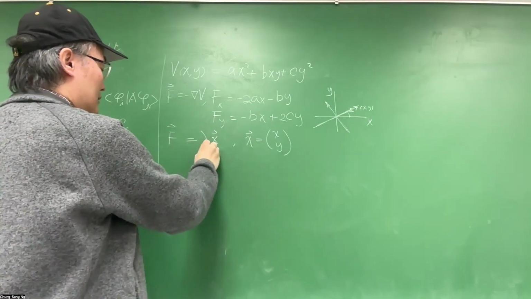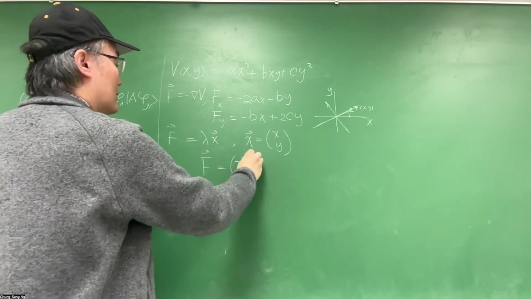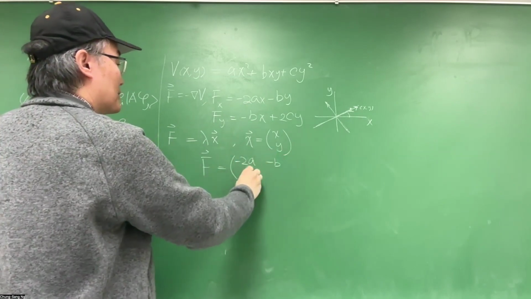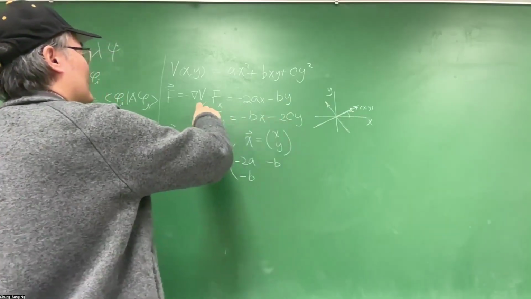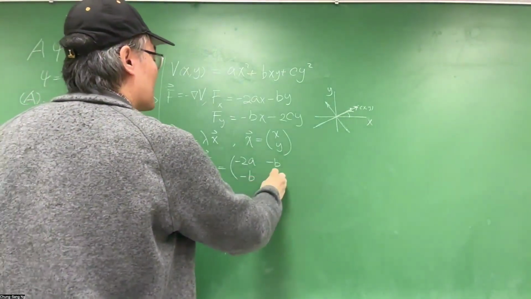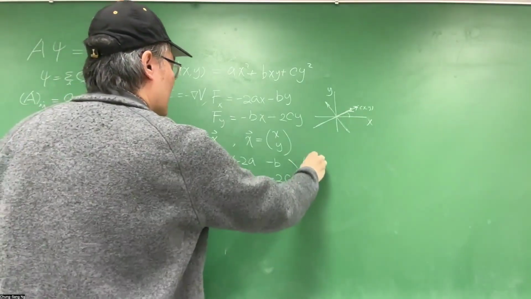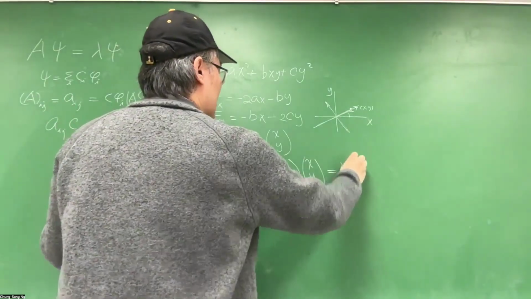So F is minus 2A, minus B, minus B. This also has a minus; there's no plus because everything is minus. Minus 2C, times Y, and that equals lambda.